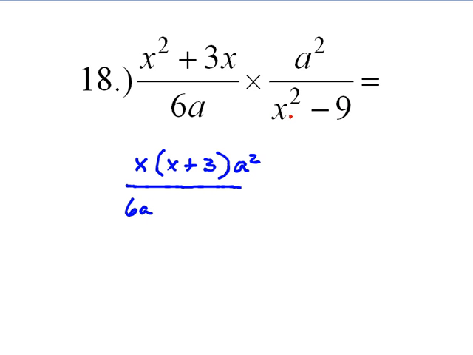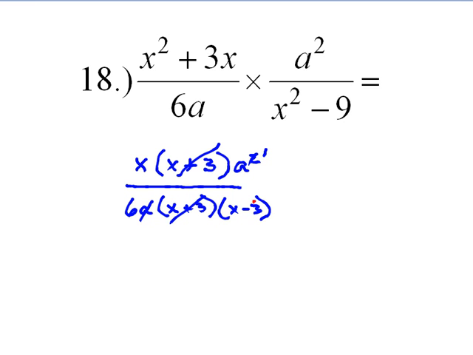Now what can we do with this? This is the difference of squares. So we write that x plus 3, x minus 3, the difference of squares. So we can cancel out the x plus 3. We can cancel out this a and make that a 1.